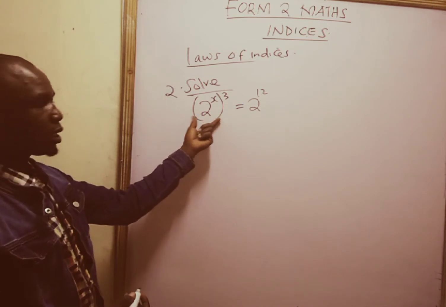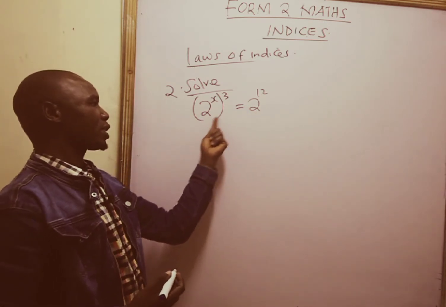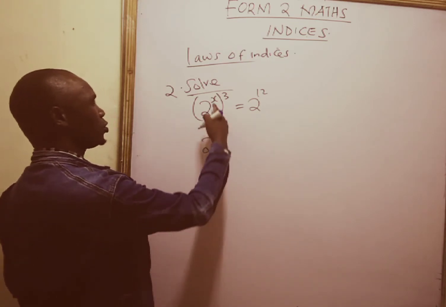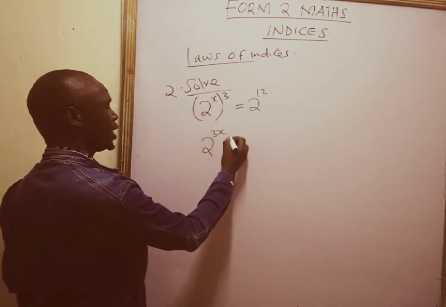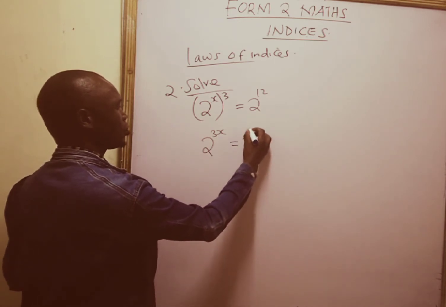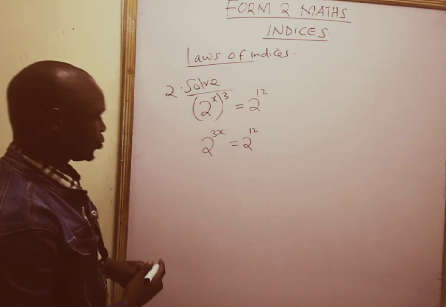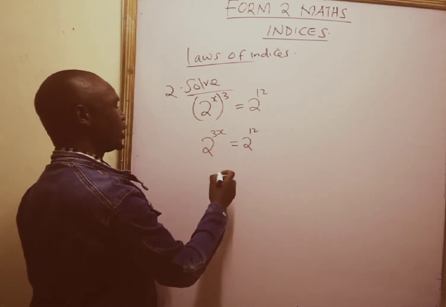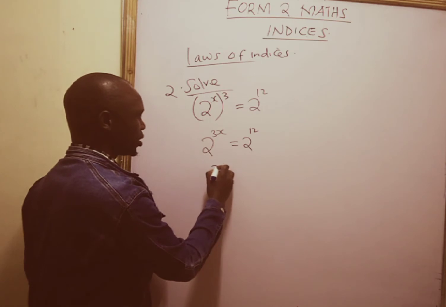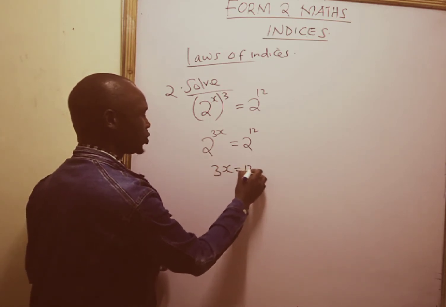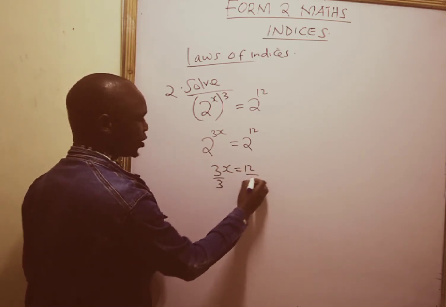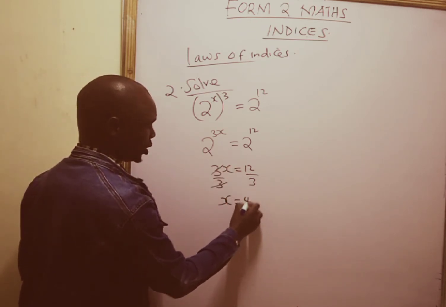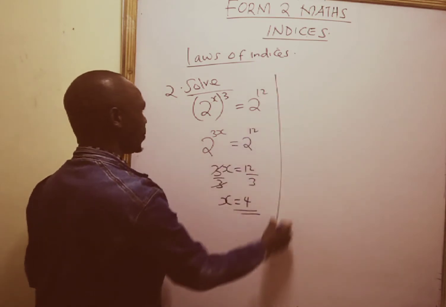Left hand side and the right hand side, you realize the bases are the same, and therefore now we move down and say we have 2, open the bracket, we are going to have 3x, and this one is going to have 2 to give us 2 power 12. Since the bases are the same, we just drop them and equate the powers so that we have 3x being equal to 12. If you divide by 3 on both sides, 3 and 3 go, and our x is going to be equal to 4.